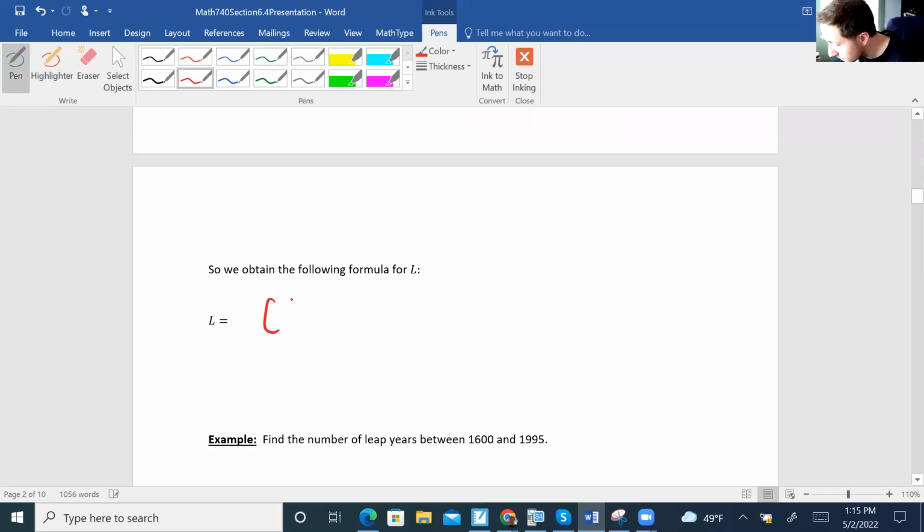So we get Y over 4 minus 400, minus, next, and now we're subtracting out Y over 100 minus 16. That was the number of the years that were divisible by 100, the century years.